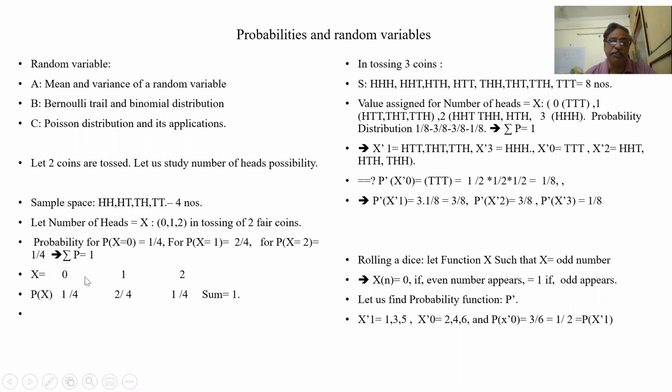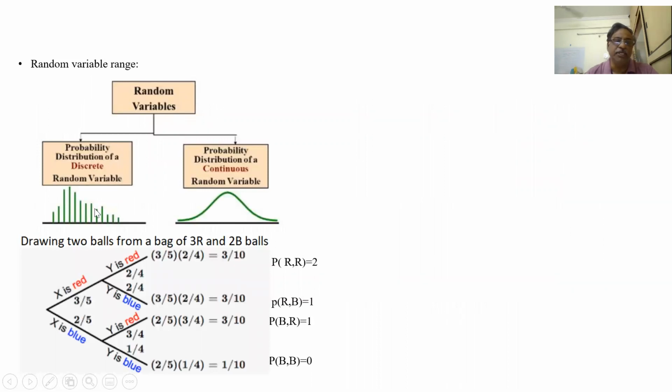So it is not like that. It is discrete numbers, 0, 1, 2, basically integers. So this is one type of random variable. It can be a discrete one or a continuous type like sine theta, cos theta. But our scope is limited to discrete random variables.